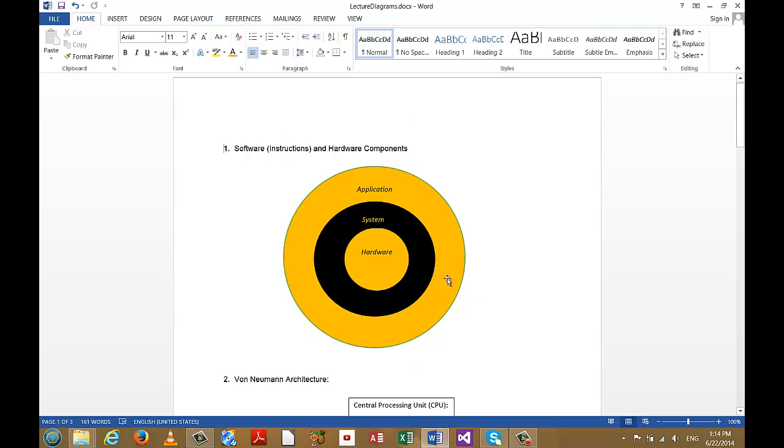Coming out of this first diagram, understand that a computer system really consists of the hardware, the system software, and the application software. And they have to work in concert in order for the computer system to produce any kind of meaningful activity that is useful to the human being.